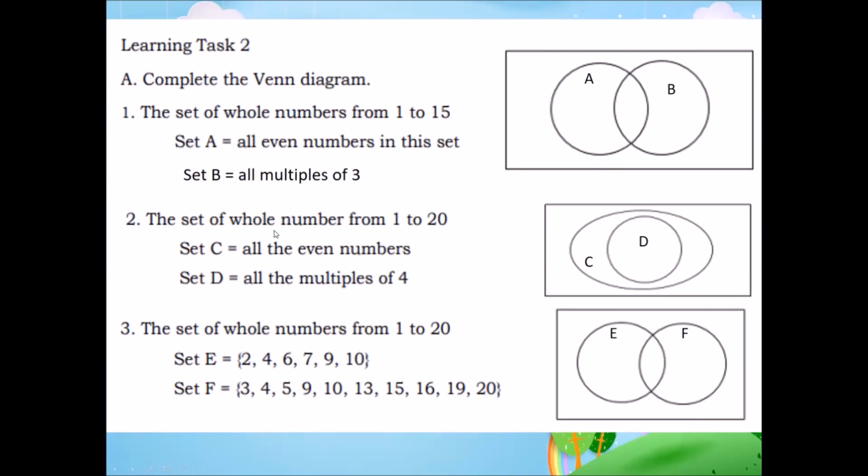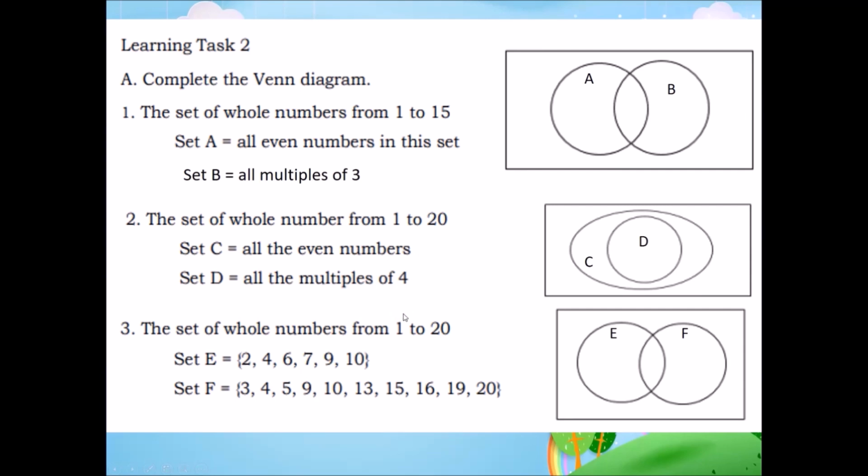Number 2, the set of whole numbers from 1 to 20. So, 1 to 20, look at this, set C, this is set D. Set C is all even numbers and all multiples of 4.